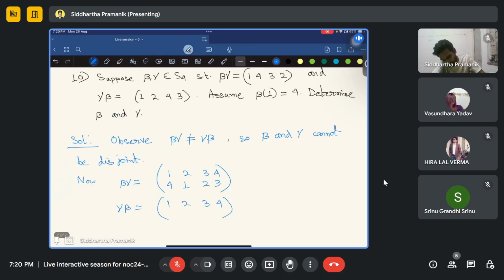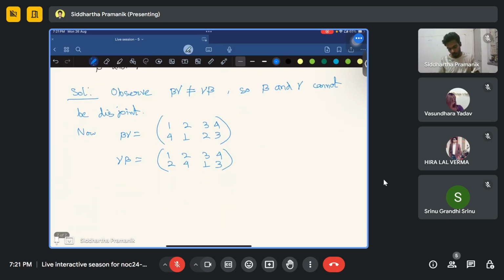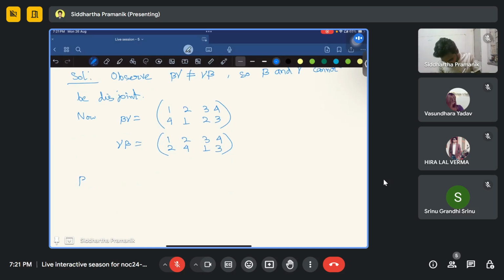Under gamma beta, 1 goes to 2, 2 goes to 4, 3 goes to 1, and 4 goes to 3. So we need to determine beta. Let's write the matrix first, and also we need to determine gamma.